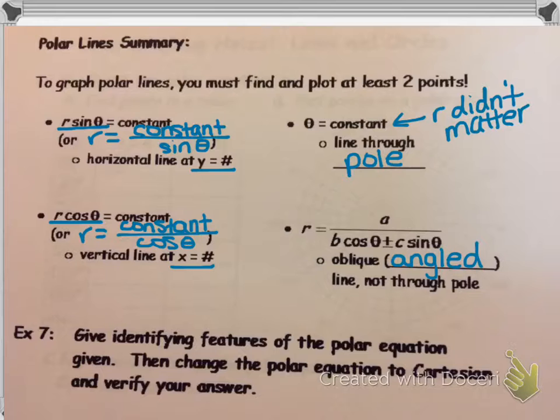And it's got to be an oblique line not through the pole, because technically this line right here was also oblique, but it doesn't have to be. It could be oblique, it could be vertical, it could be horizontal. It's the only one that goes through the pole. Okay? So this is going to be an angled line not through the pole, not through the origin.